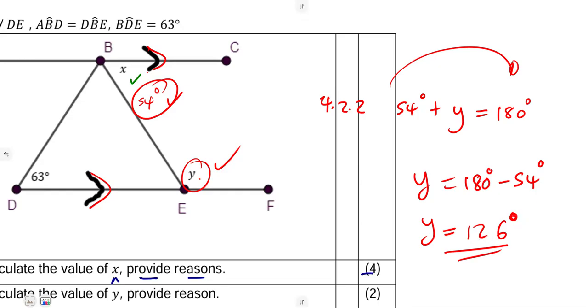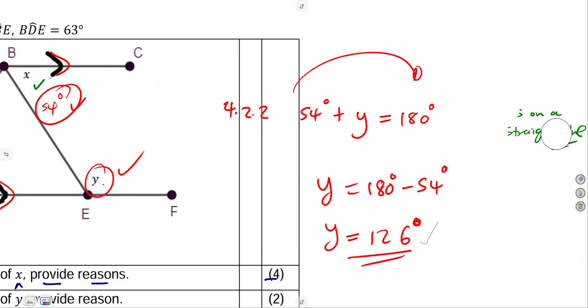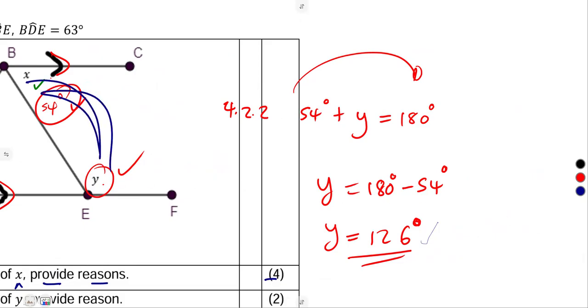So here, the reason is going to be co-interior angles. So these are co-interior angles. The reason, this one and this one, when added together to give us 180, those are your co-interior angles from the concept of what? Your parallel lines.